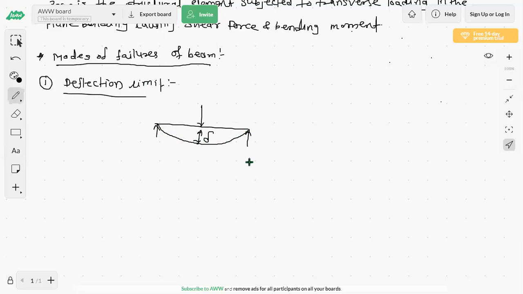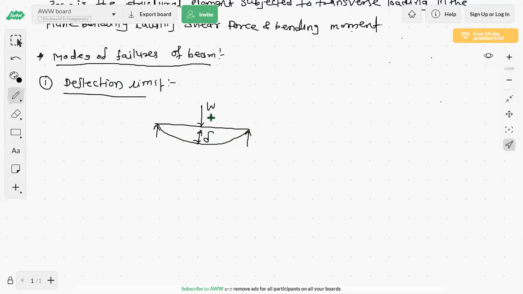So if we define deflection, what is deflection, or what is the deflection limit? When this vertical load W is applied on the beam, there is always a possibility of bending of the steel section, and that is nothing but the deflection.